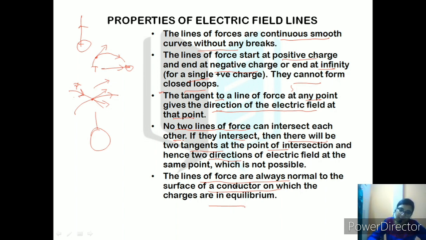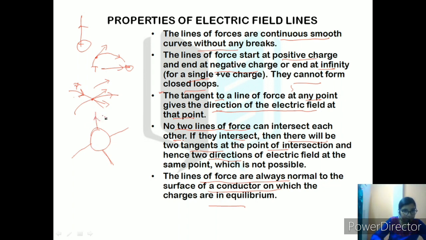Charges in equilibrium means inside the conductor, charges can flow freely until equilibrium is reached. When there is equilibrium, the lines of force for the conductor will be perpendicular to it. It is normal. That means it cannot be at some angle.